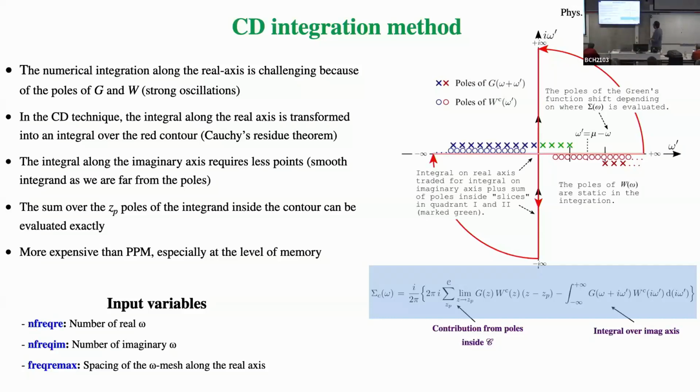Okay, and this is essentially the expression that you get for the correlated part of the self-energy in terms of an integral over the imaginary axis plus an integral coming from the poles inside this contour. But the poles are only limited to a finite frequency range. You don't have to go up to infinity when sampling the screened interaction. And these are the three parameters that allow you to select the frequency mesh in the polarizability along the real axis.